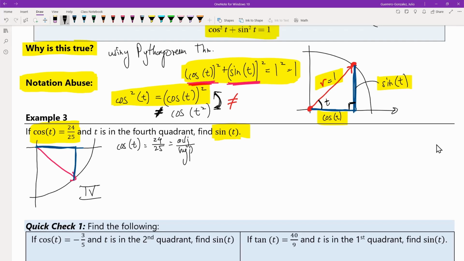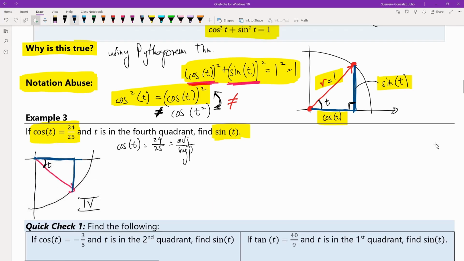This is my angle T. Then my adjacent side is going to be 24. I'm just going to bring this down a little bit, since I don't need all the space up above it. I'm going to call this 24, divided by my hypotenuse, which is 25. So this is now 25.